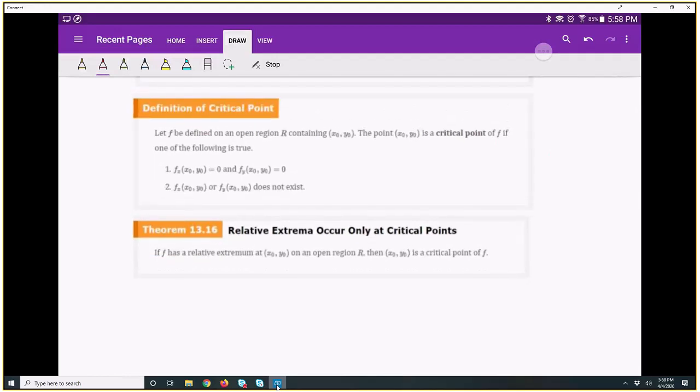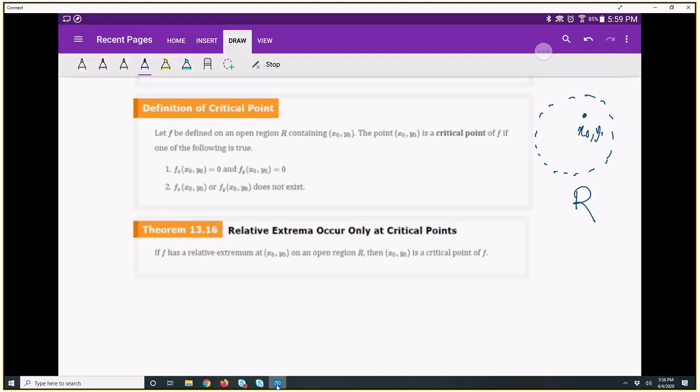How are they related to critical points? So let's first define critical points. We're going to say a function f is defined over an open region R containing a point x0, y0. So you have an open region, and for no particular reason, I'm going to take an open circular disk. This is the open region R in my Cartesian coordinate plane, and there is a point x0, y0 in this region.